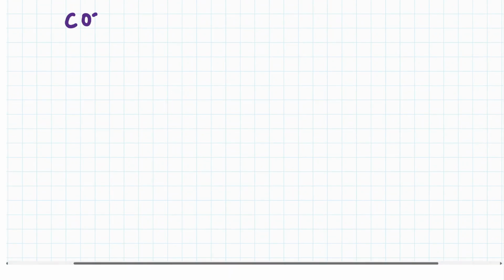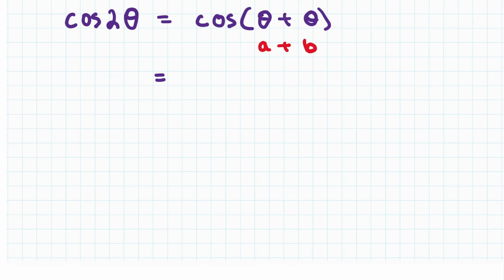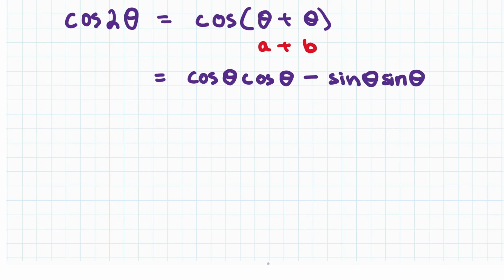So we have cos 2 theta. We're going to do something similar such that we have cos of theta plus theta. And again, this is like our angle A plus our angle B, and we're going to rely on the compound angle identity here. So that means we have cos theta cos theta minus sine theta sine theta by our compound angle identity.